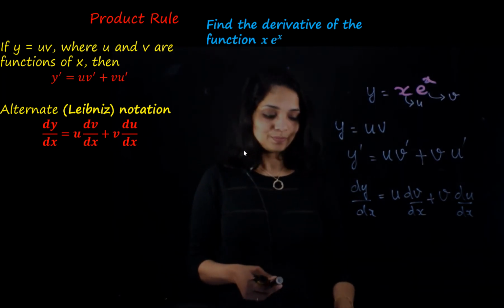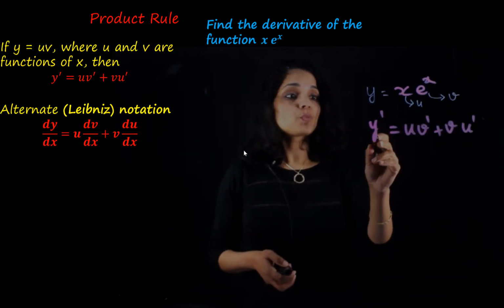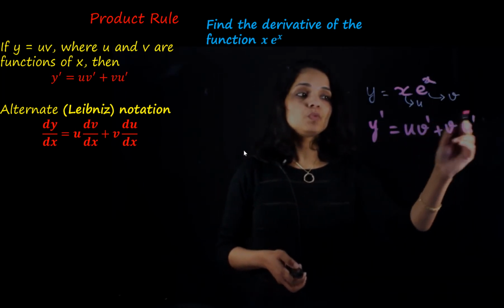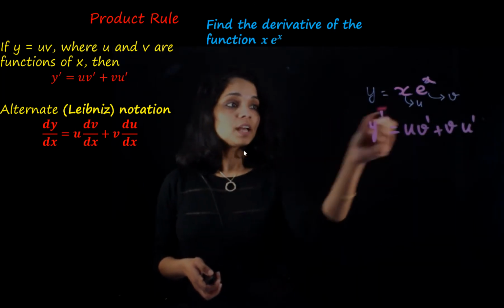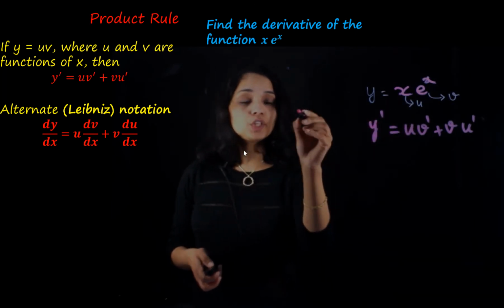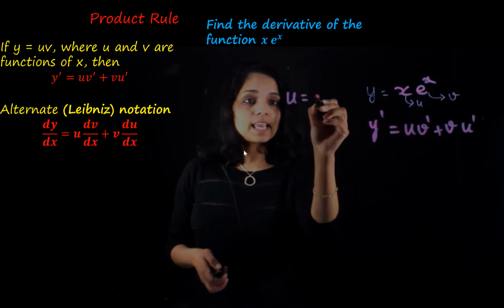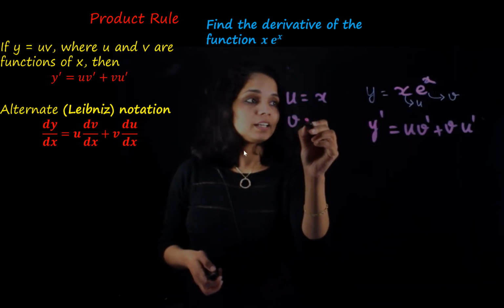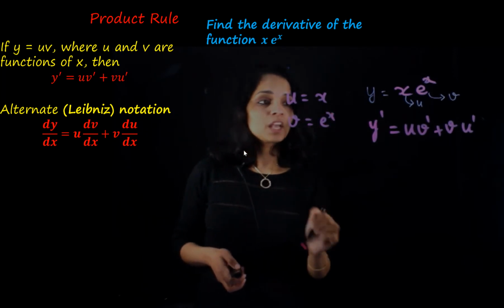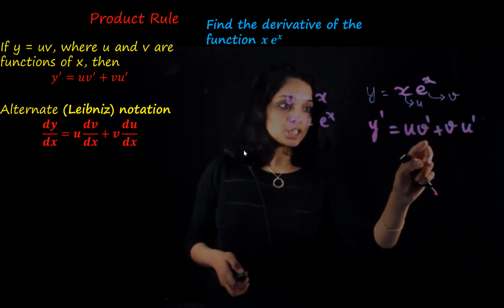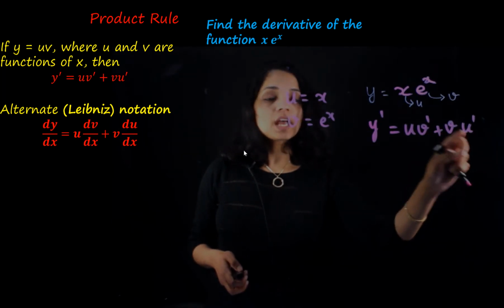Let's do that now. The equation for the derivative is y dash equals u v dash plus v u dash, and we have u equals x and v equals e to the power x. Before we substitute, we need to find v dash and u dash.